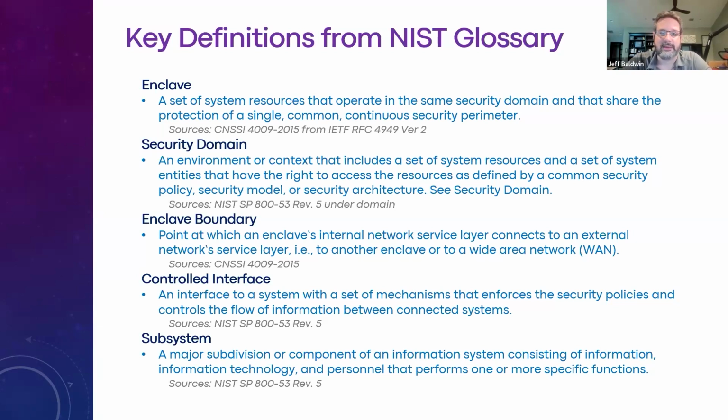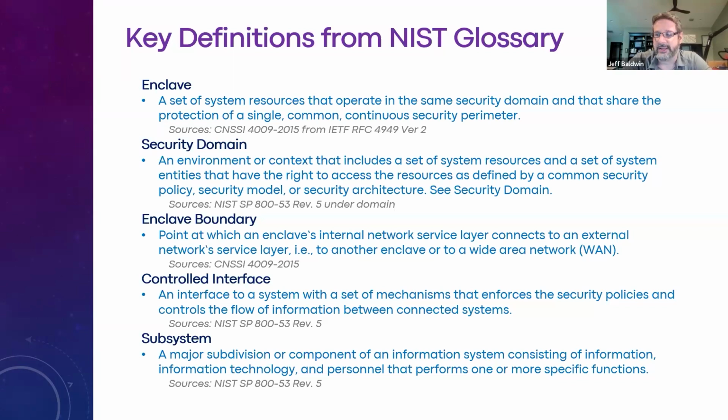For this one, the definition of an enclave is a set of system resources that operate in the same security domain and share the protection of a single continuous security perimeter. So that introduces the question: what is the security domain? Well, a security domain is that environmental context that includes those system resources we just talked about, and a set of system entities that have the right to access the resources as defined by a common security policy, security model, or security architecture.